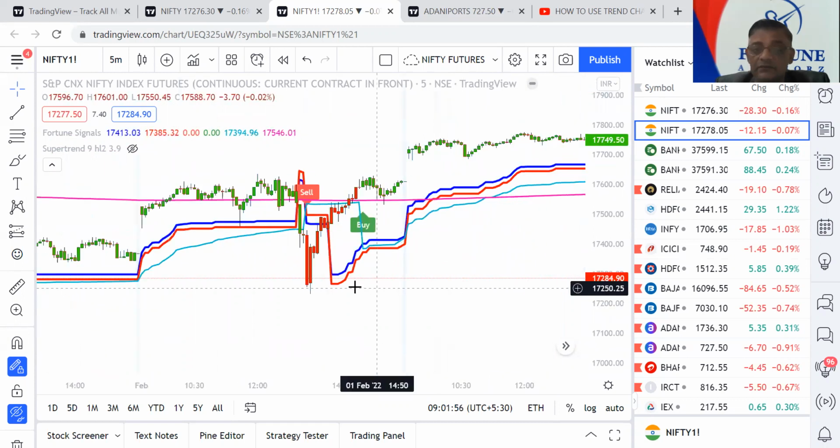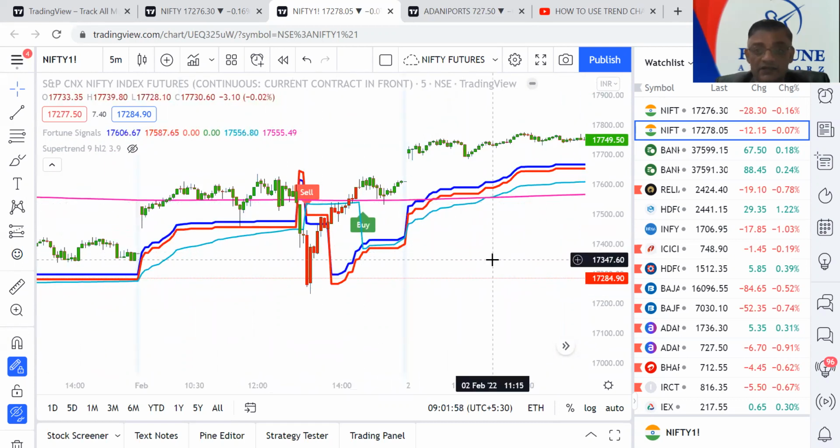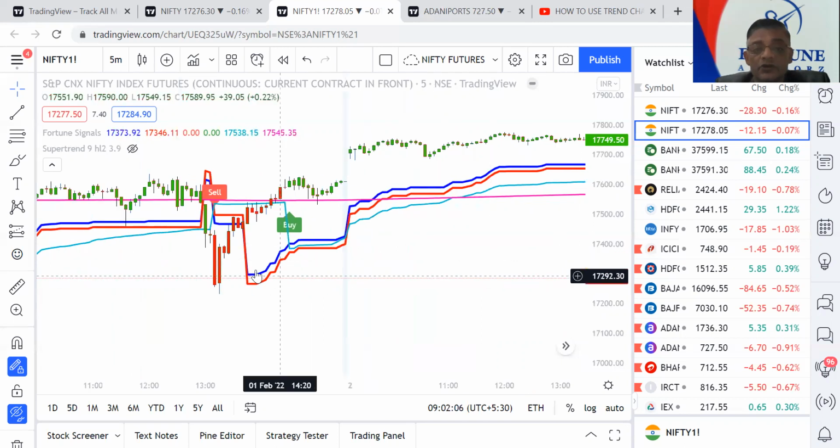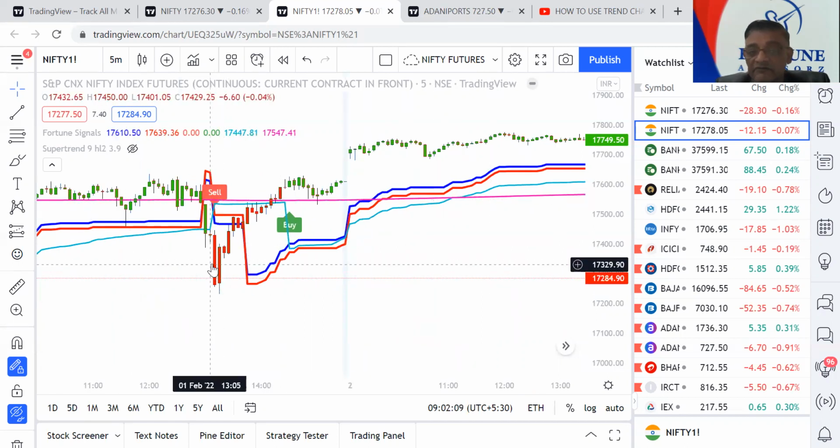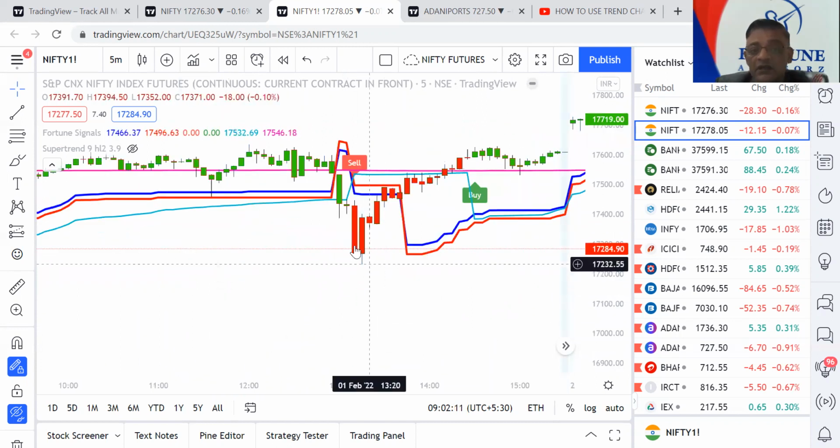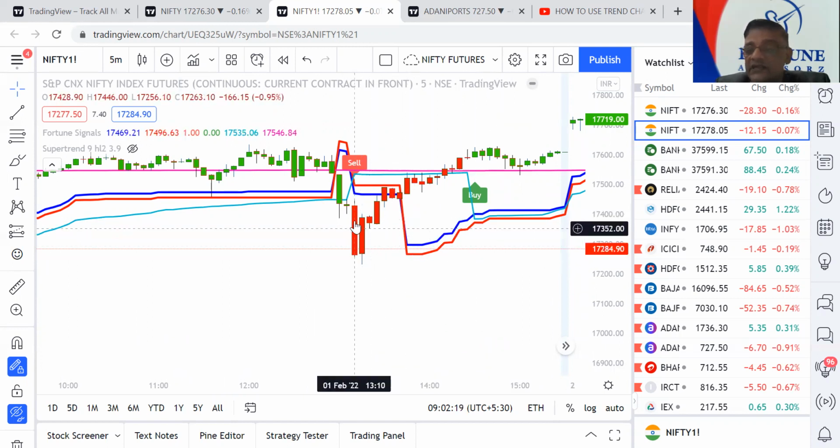My system's sell signal or buy signal will be able to catch the exact bottom or the exact top in any time frame, right from 1 minute to 1 month. If you see this sell signal, it's not a valid sell signal, because from here on, the candle has to close below the sell initiation candle, then only it becomes genuine.